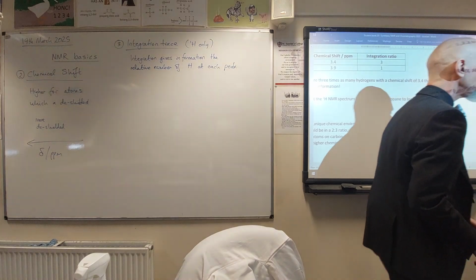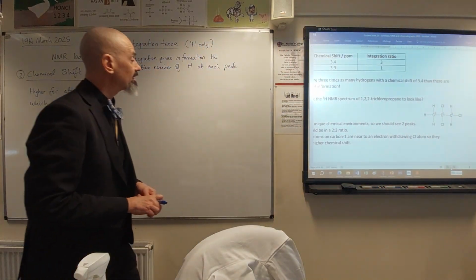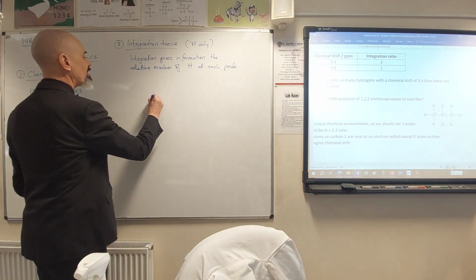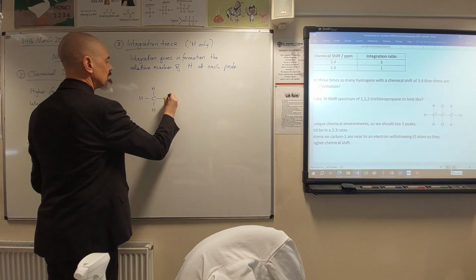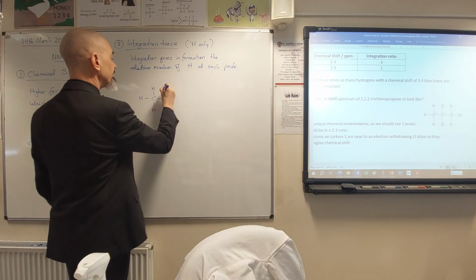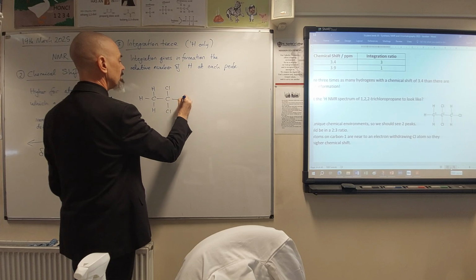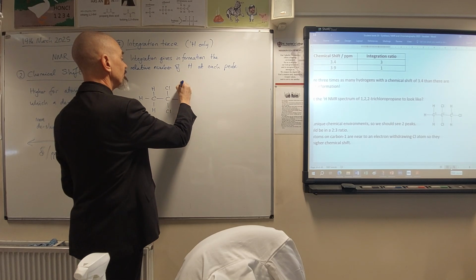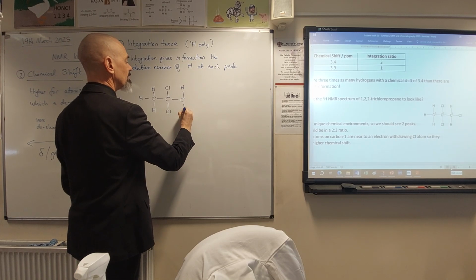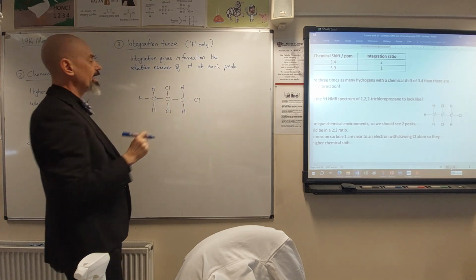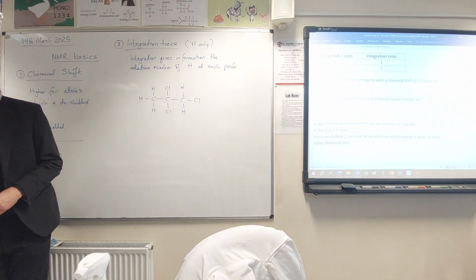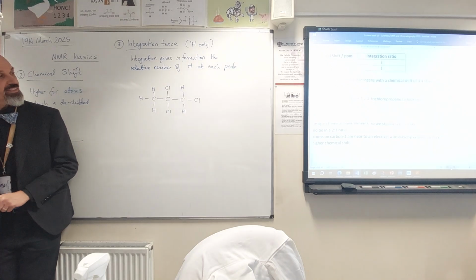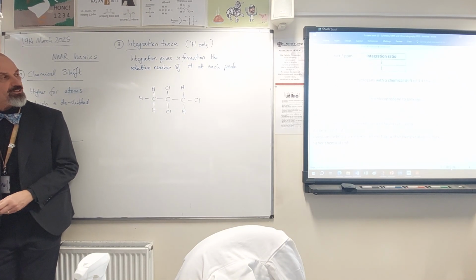So a little question in the topic booklet there. What would happen if I put in this molecule here? We've got two chlorines there. And we've got 2 hydrogens. There we go. If I put that molecule into the NMR machine, what would it spit out?